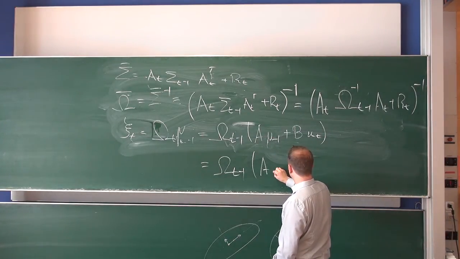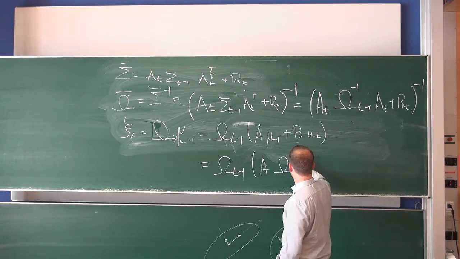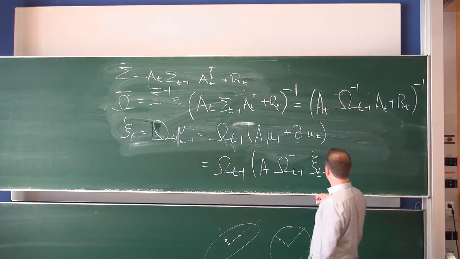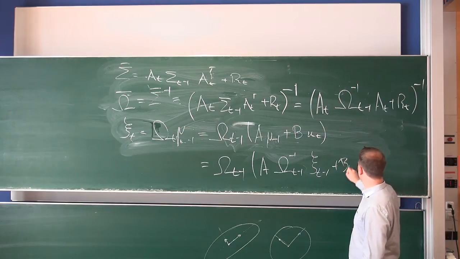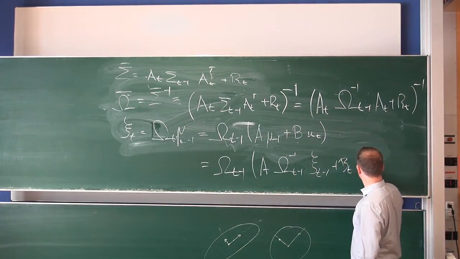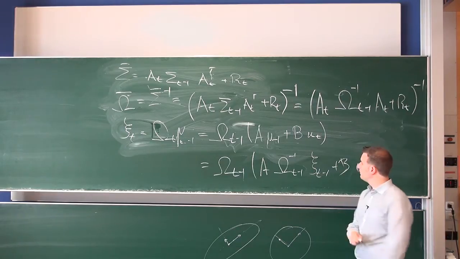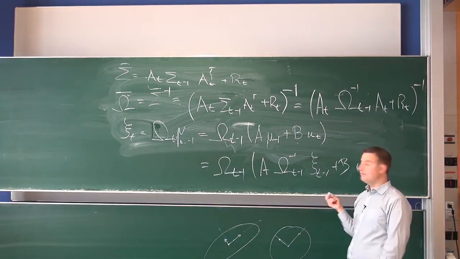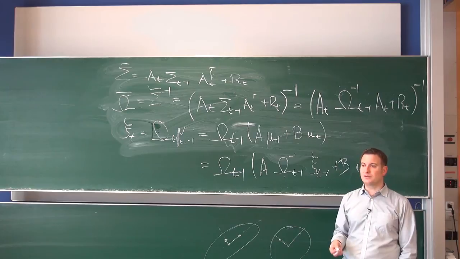So this is Omega_{t-1} to the power of minus 1 times xi_{t-1}. So the information vector of the previous point in time plus B_t u_t. Okay, skip the time index here. That's it. We're able to do that. Again, we need to invert our information matrix. It's again a costly operation.